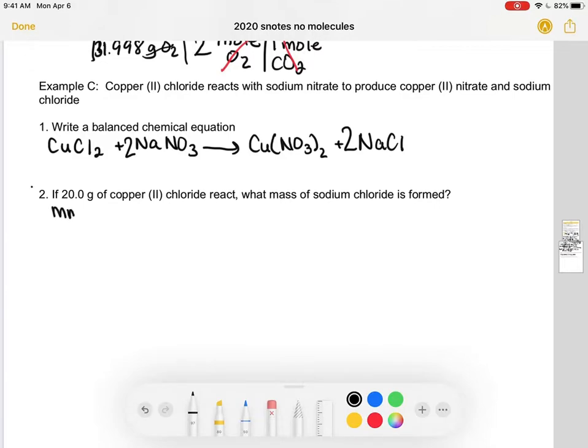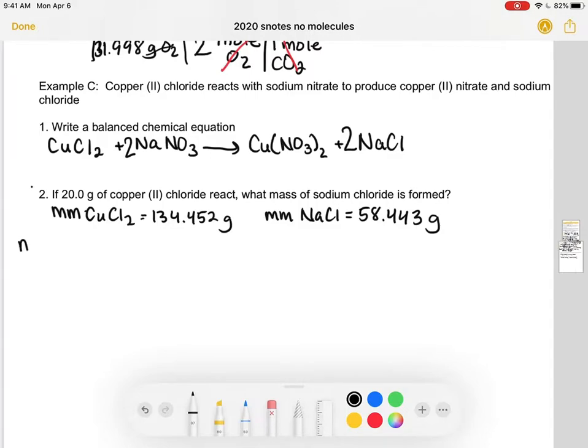So the molar mass of CuCl2 is 134.452 grams. And the molar mass of NaCl is 58.443 grams. Okay, that should help.